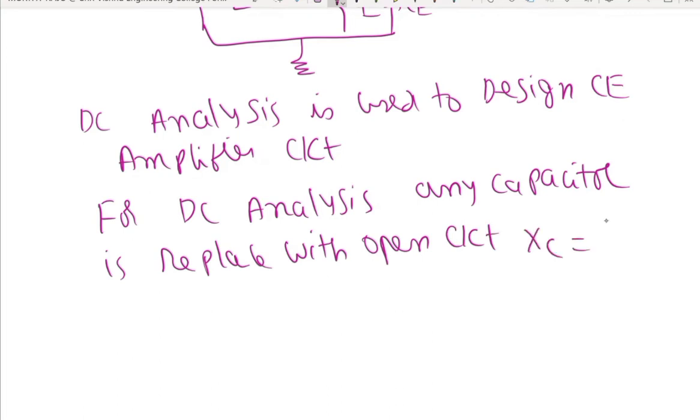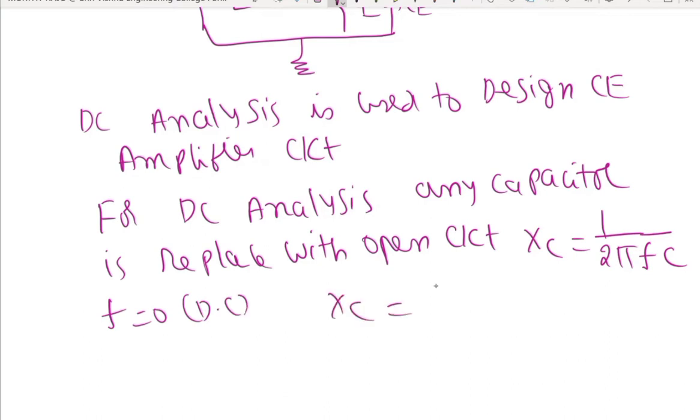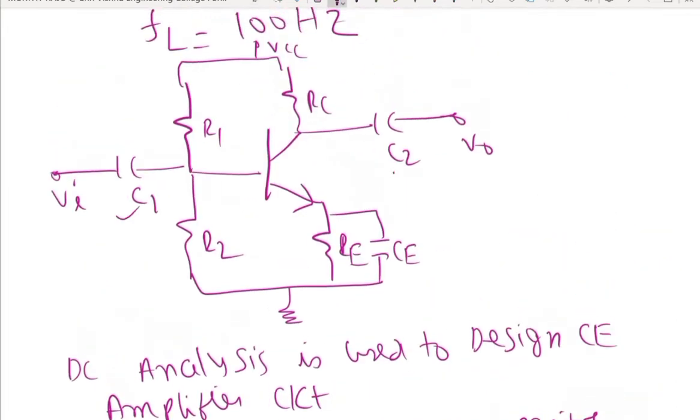Capacitor reactance Xc is equal to 1 by 2 pi F C. For DC, F is equal to 0. Therefore, Xc is equal to 1 by 0, that is infinity. So C1, C2 and CE are replaced with open circuit.